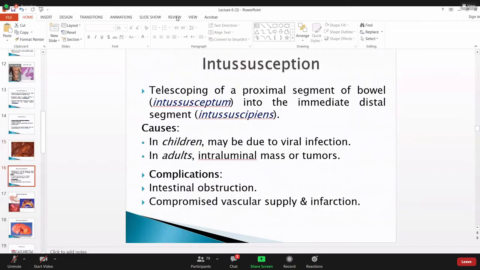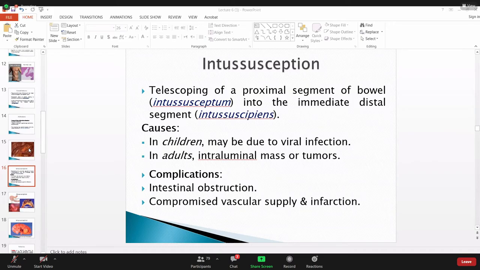Okay. The next cause of bowel obstruction is what we call intussusception. Intussusception is a loop inside a loop. One of the segments of the loop enters inside the other segment. One segment is a bit narrower than the other and goes inside it; we call it intussusception.